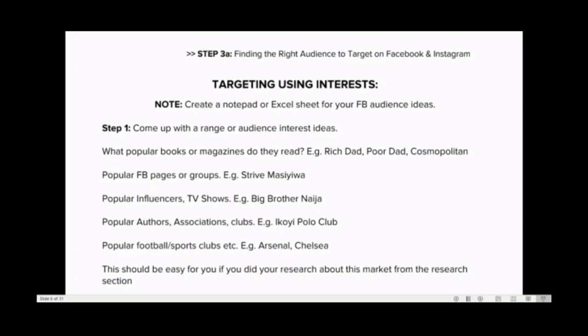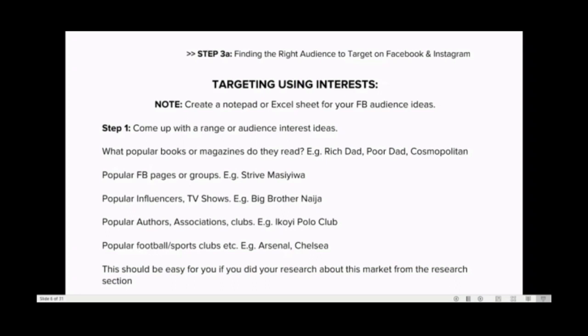If I have a product for entrepreneurs, I can target them through the books they read with the help of Google. I just go to google.com and input in the search engine popular books for entrepreneurs, and this will give me ideas of interests to work with, in which we'll be showing the practical demonstration in the later parts of this video.